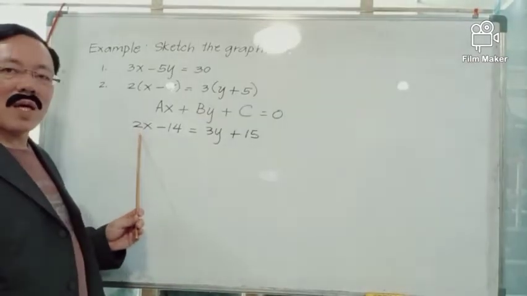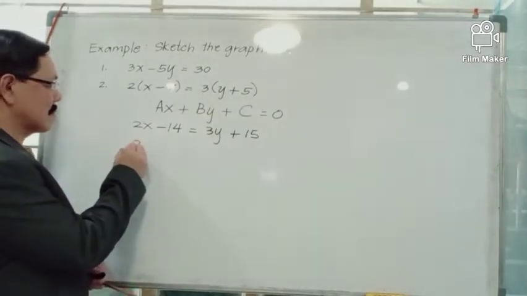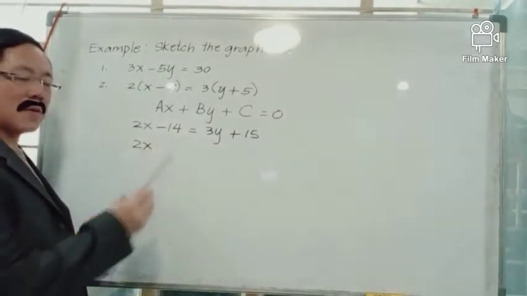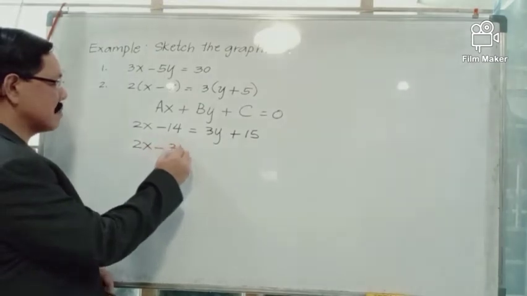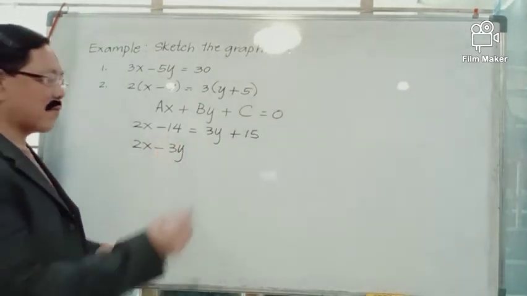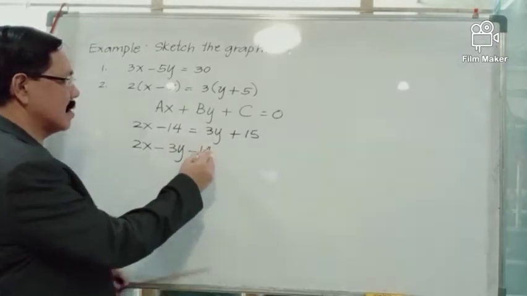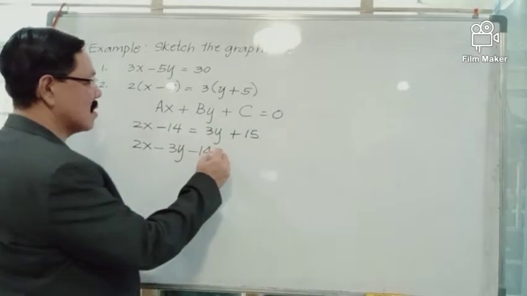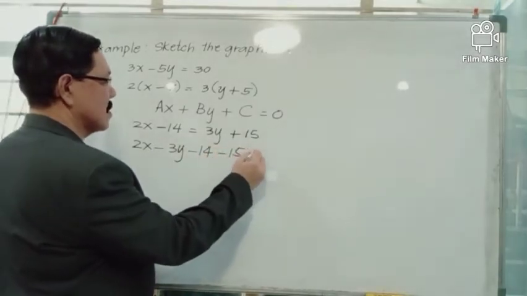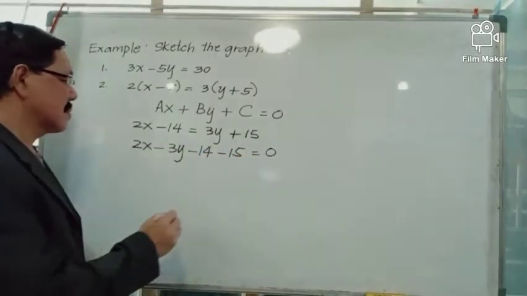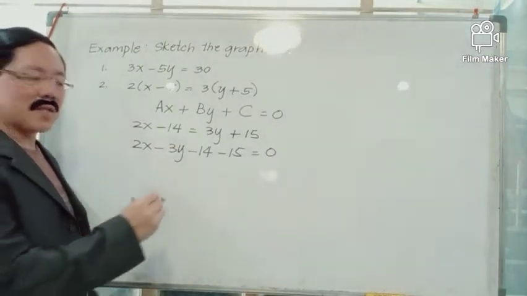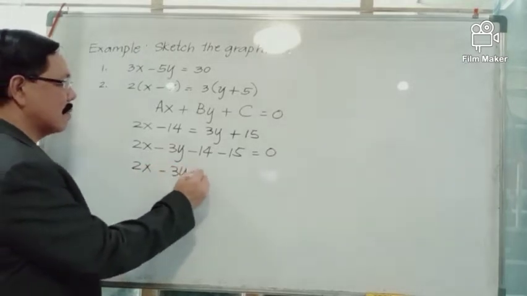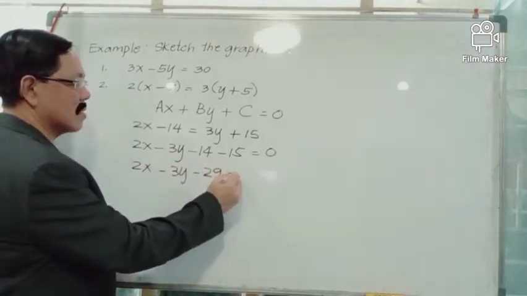At the left hand side we have 2x, minus 3y, minus 14 from the left, minus 15 equals 0. And we combine the constant terms. We have 2x minus 3y minus 29 equals 0.